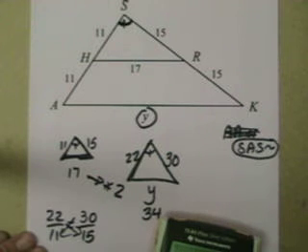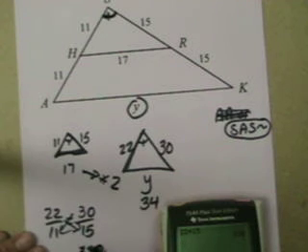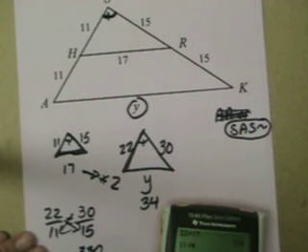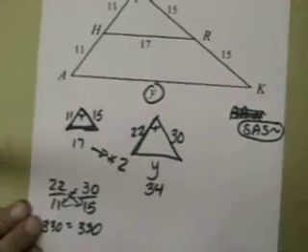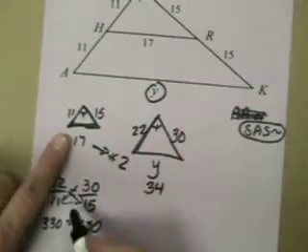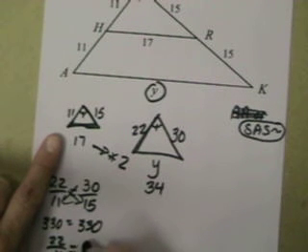22 times 15 is 330, and 11 times 30 gives you 330, so you can see that they have the same scale factor. I could use that with this, then, to say 22 over 11 equals y over 17.